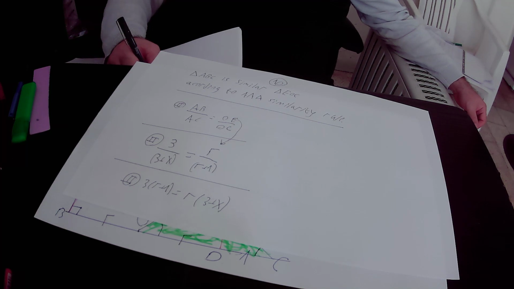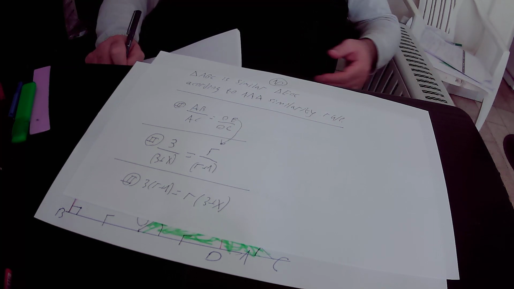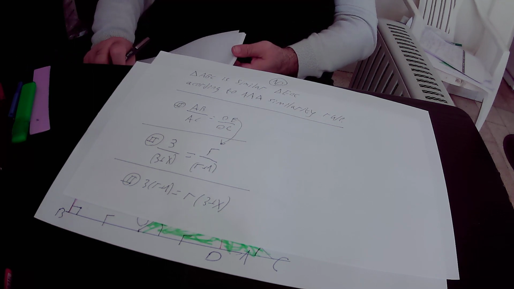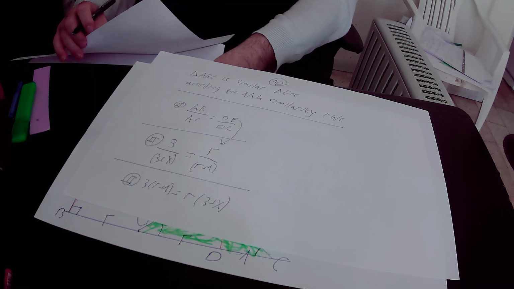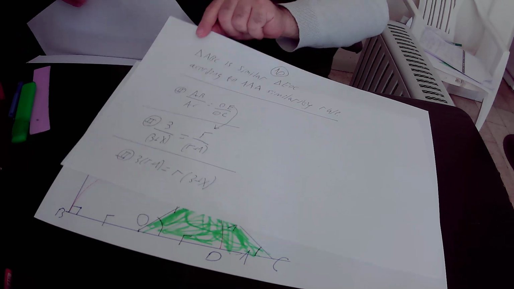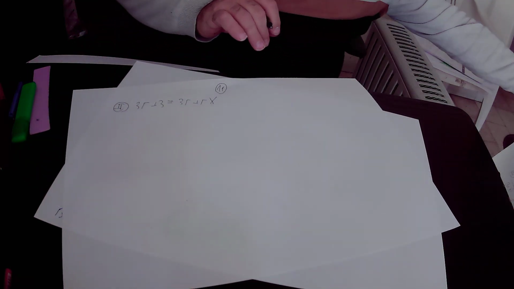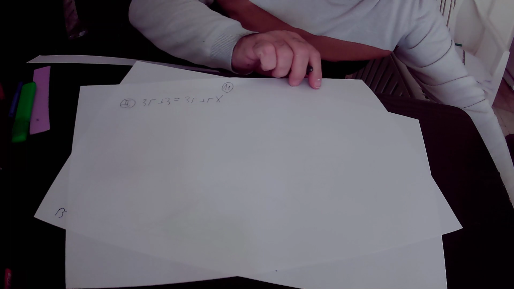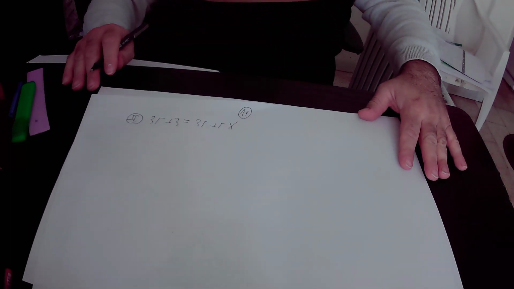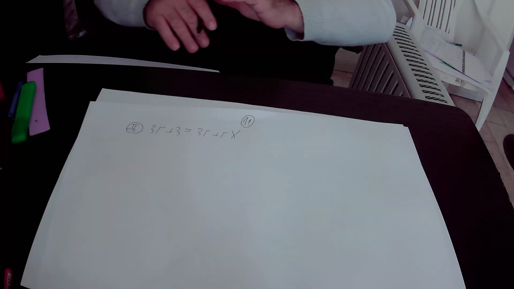So we open the brackets in this equation and we got this expression: 3R plus 3 equals 3R plus Rx.